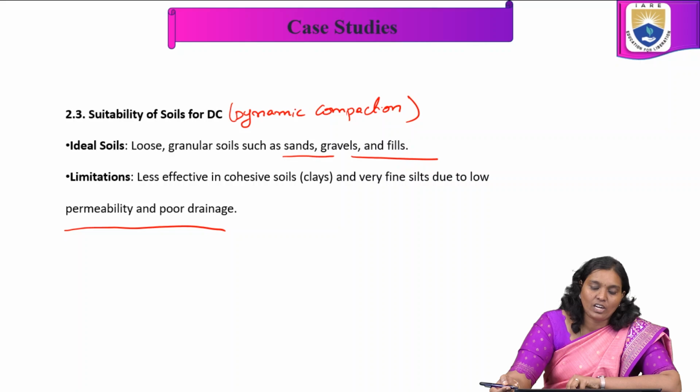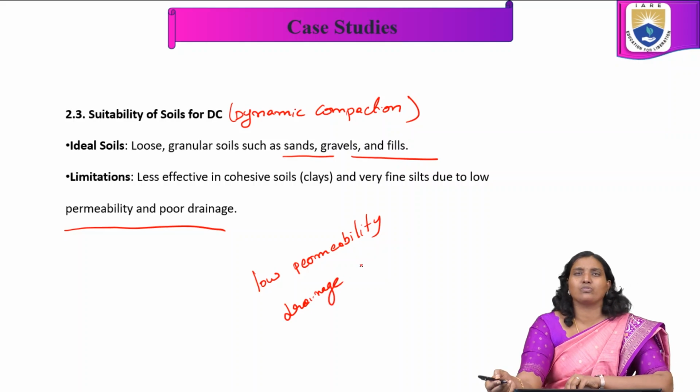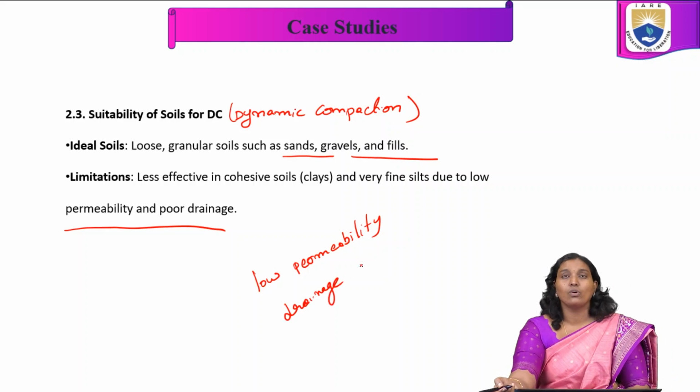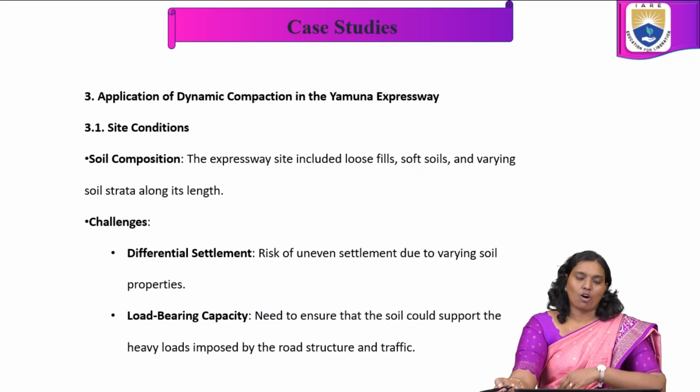These low permeability conditions and the drainage system may lead to different scenarios that we are going to understand. These have their own limitations with the suitability of dynamic compaction.